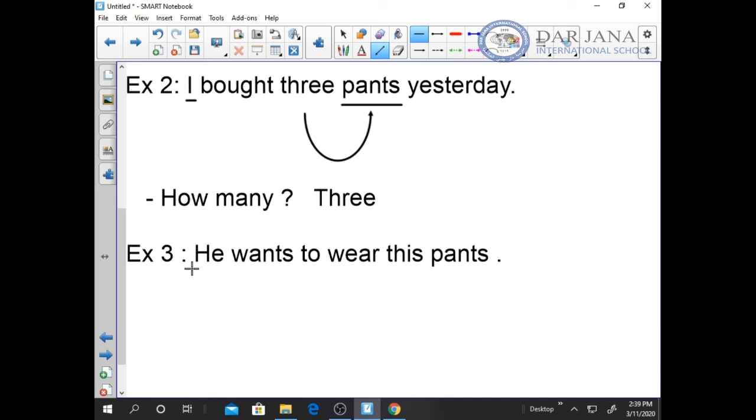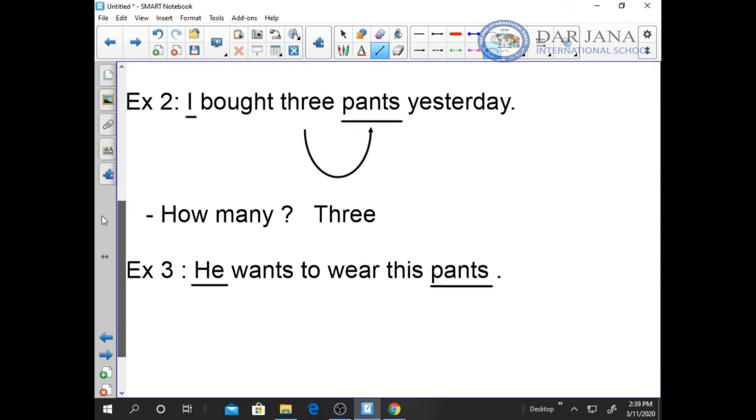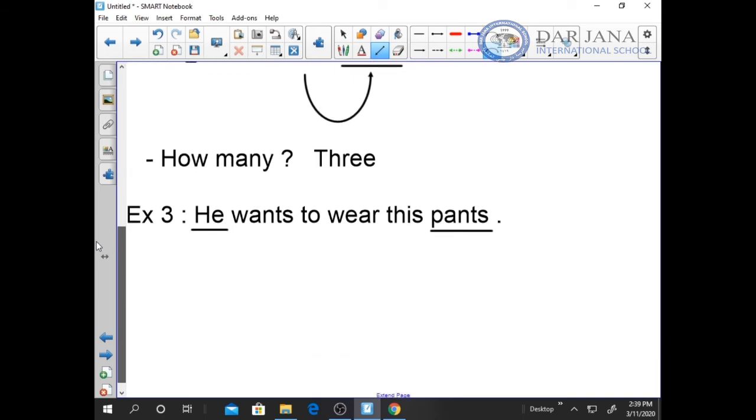So the pronoun I have here is he, and the noun I'm talking about is pants. And I have to see if I have any word describing any of the underlined words. So I look at the word pants and I ask myself, what kind of pants? Do I have an answer? No. How many pants? Do I have an answer?